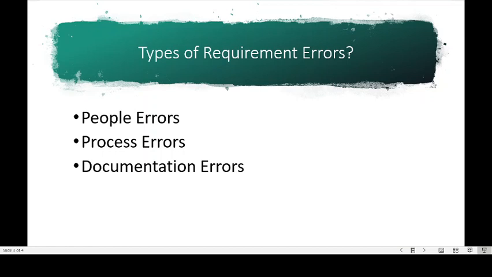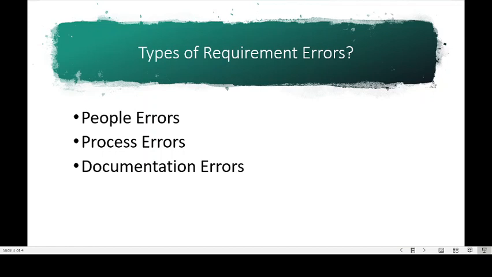A Science Direct journal titled Detecting Defects in Software Requirement Specification has categorized the requirement errors into these three main categories. By people error, we mean the errors made by people involved in gathering, analyzing, and documenting the requirements.